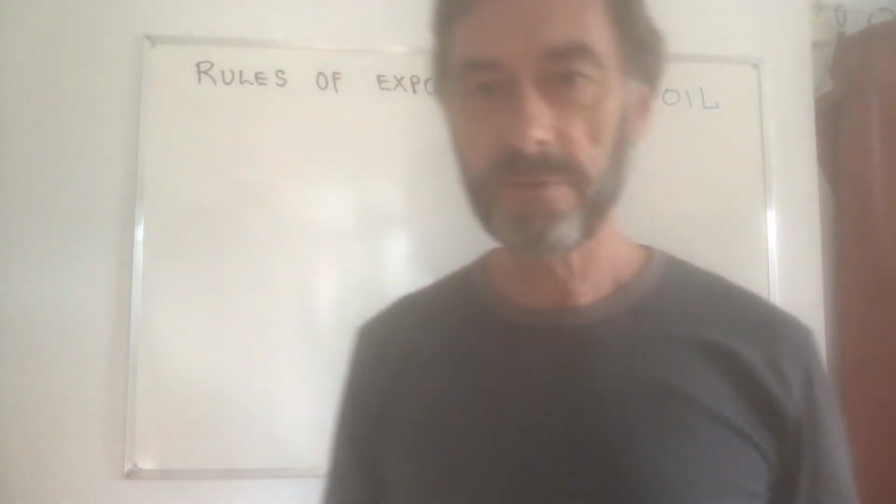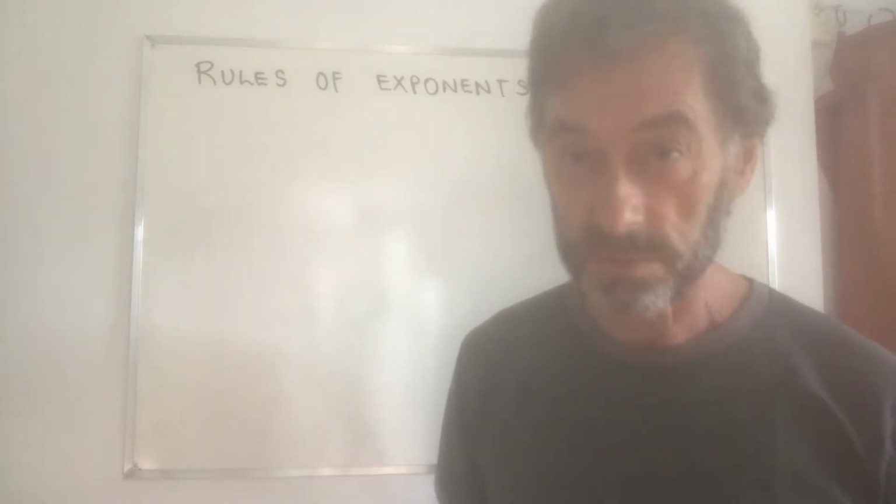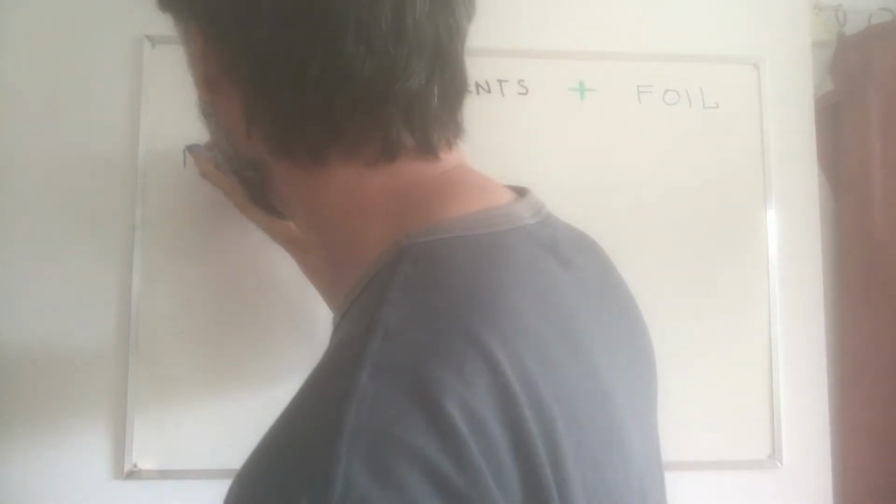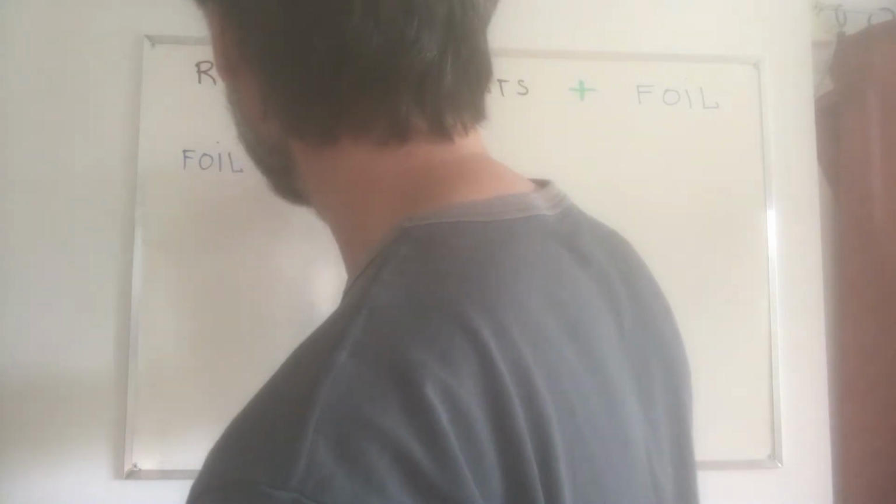So how does that work, basically? What is the rule that seems to be at the heart of this chapter? Well, it's actually pretty simple. As you may remember, the FOIL rule actually goes like this.